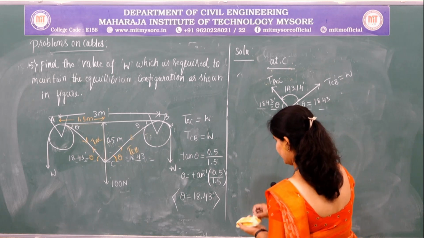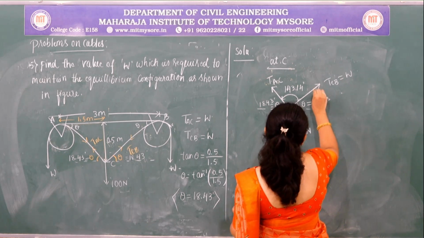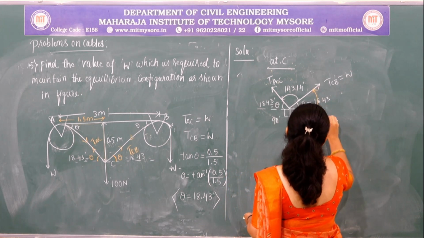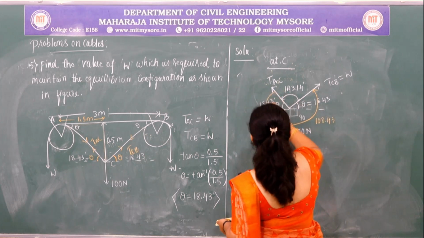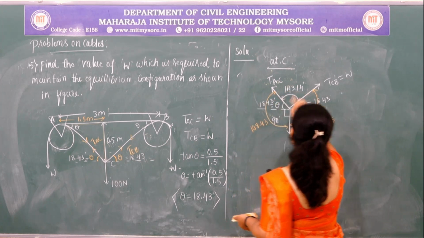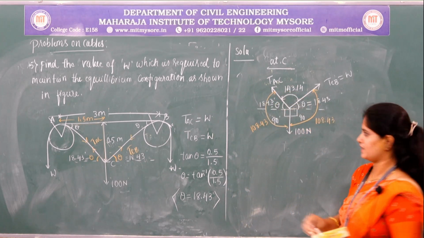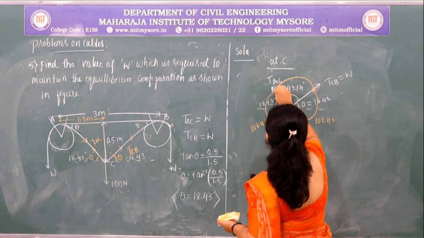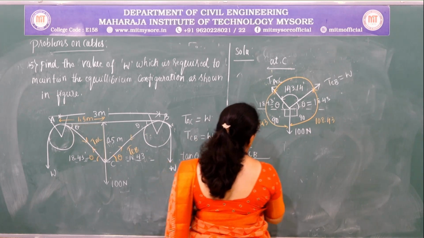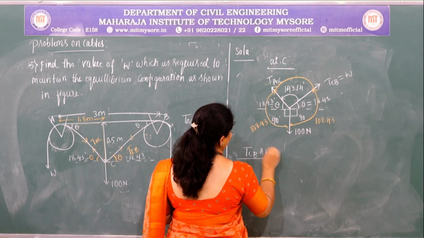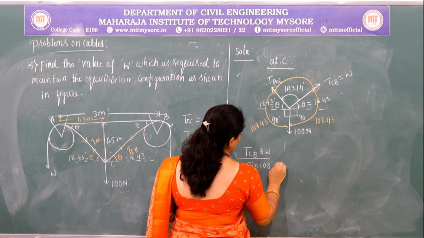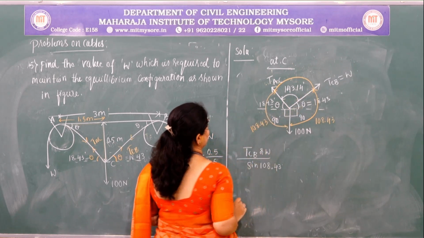Now, you can apply Lami's theorem, right. The total angle between these two is 90 plus 18, that is 108.43 degree. Between these two also it is the same, 108.43 degree. Between these two it is 143.14 degree, right. Now, TCB or W divided by sine of 108.43 because the opposite angle is this.